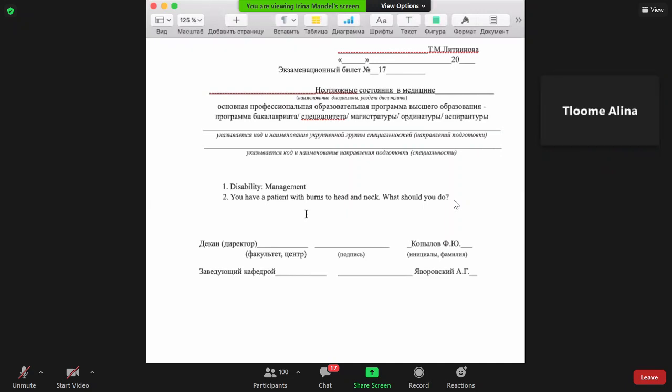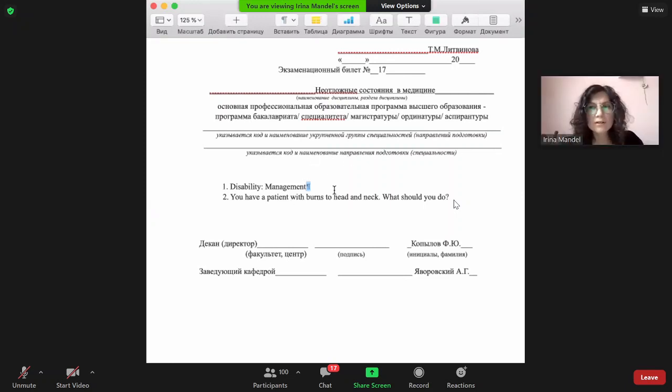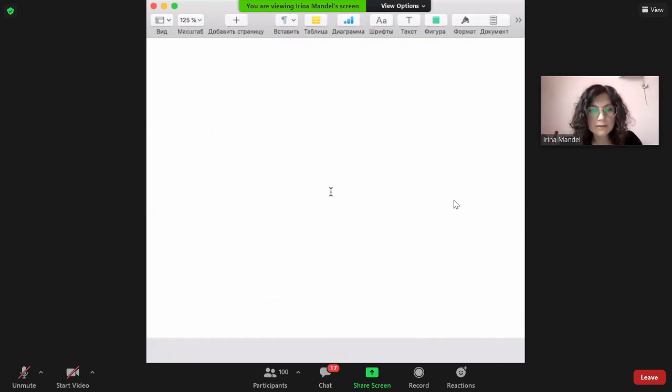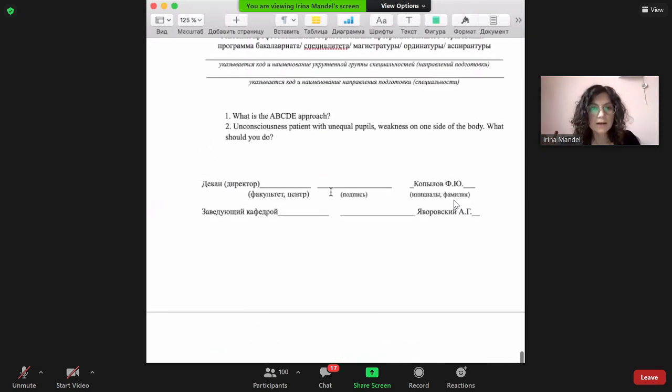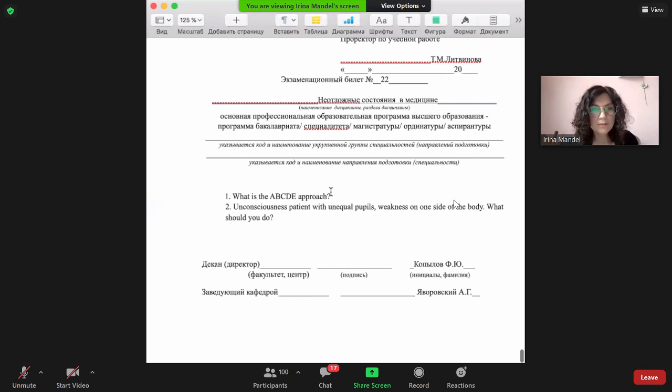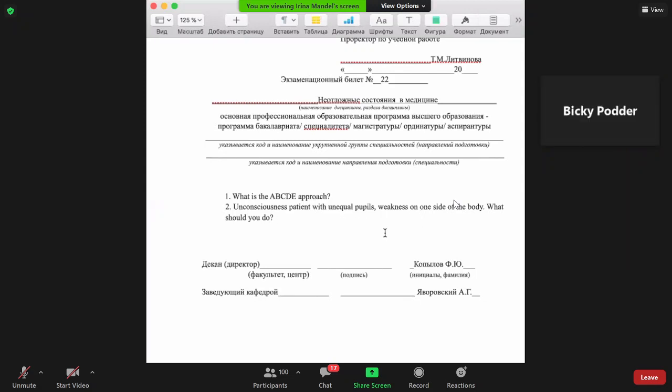Professor, can we do question 22, the second part? Question 22. Unconscious patient with unequal pupils, weakness on one side of the body. This is a stroke. So should we give Urapidil, because we can think of increased blood pressure?